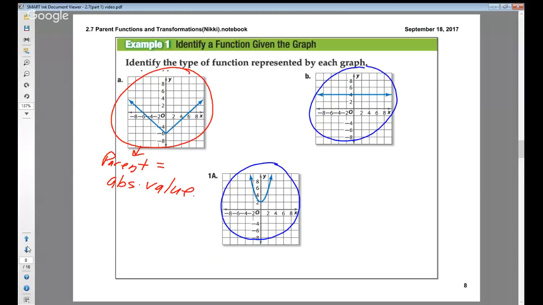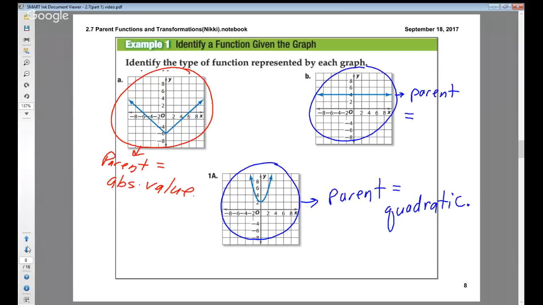All right, welcome back. You should have identified the parent functions of these two graphs. So for this one, if you look at its bell-shaped curve, that tells you right away that its parent function has to be the quadratic. And then if you look at the last one, we want to identify its parent.